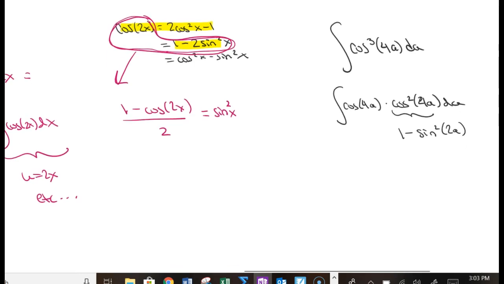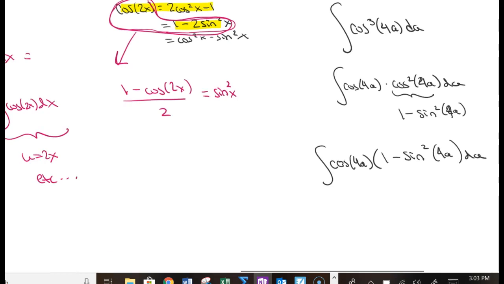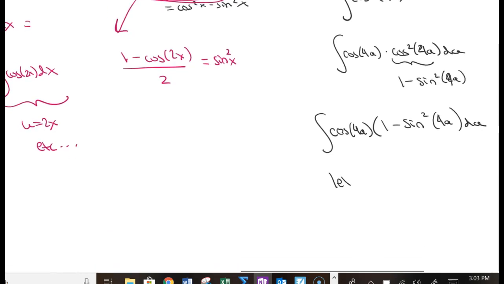So now I have the indefinite integral of cosine of 4a times 1 minus sine squared of 4a dA. Now let u equal the sine of 4a. That means du equals 4 cos of 4a dA.